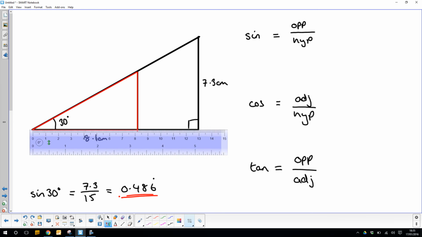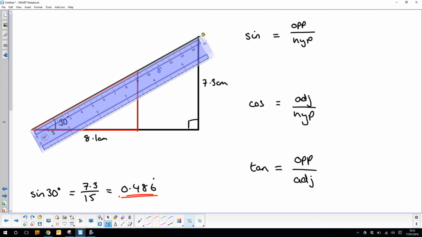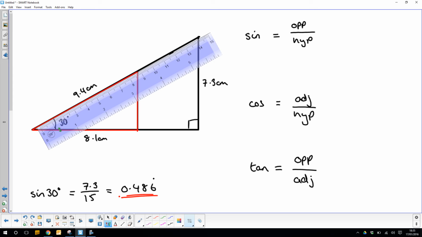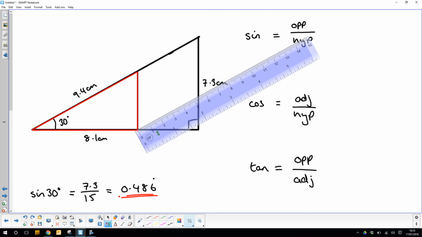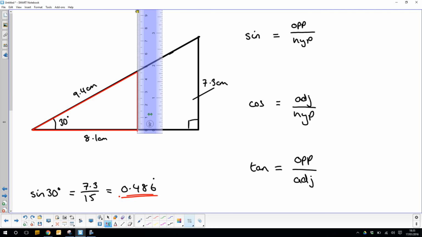Rotate. That looks to be 9.4 centimetres, I reckon. And finally, we will do the opposite side. It doesn't matter which order I do these in. That looks like it's approximately 4.5 centimetres.